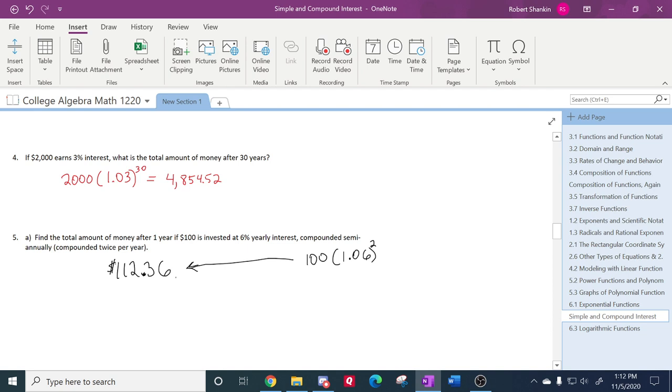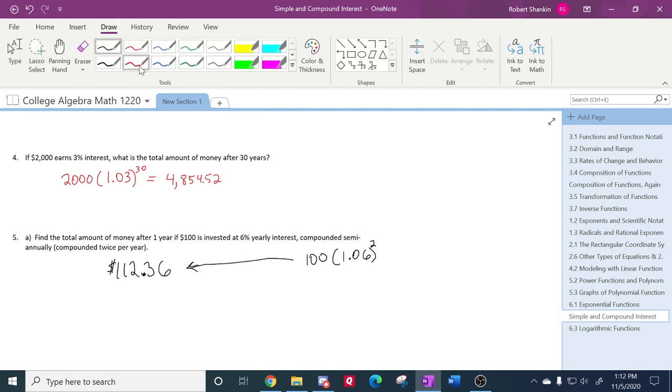This is what we call an effective interest rate of 12.36%. Because $100 turned into $112.36. Effectively, it was giving you over the course of 1 year 2 years worth of interest, 12.36%.